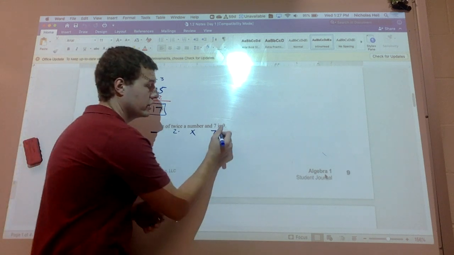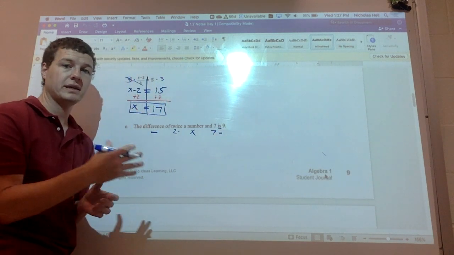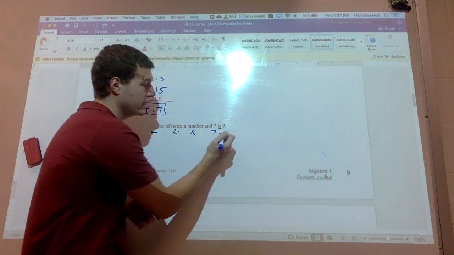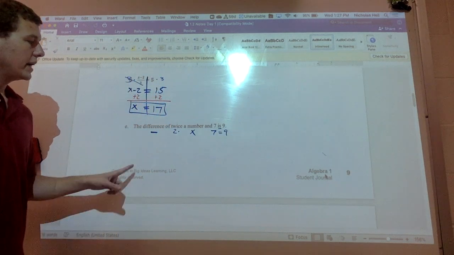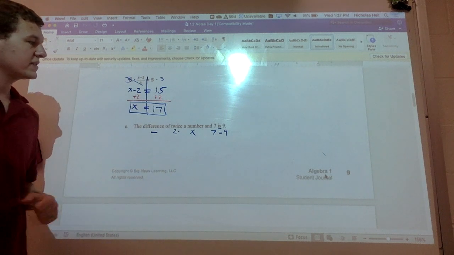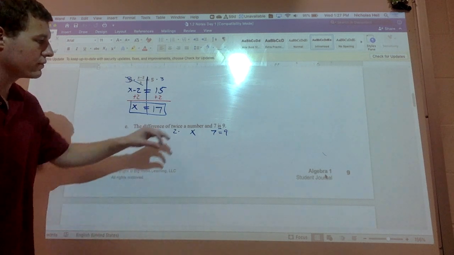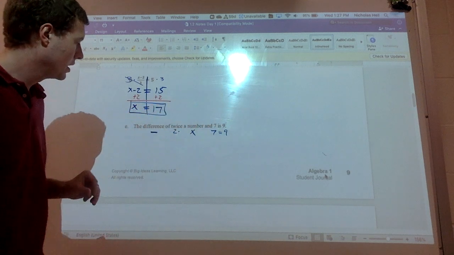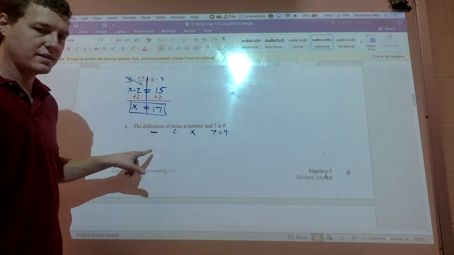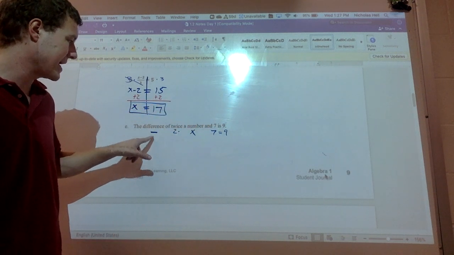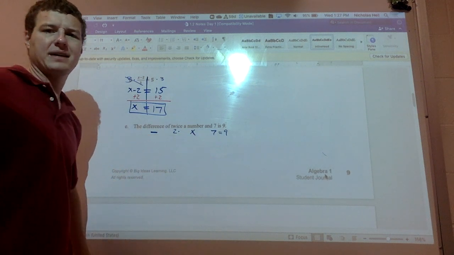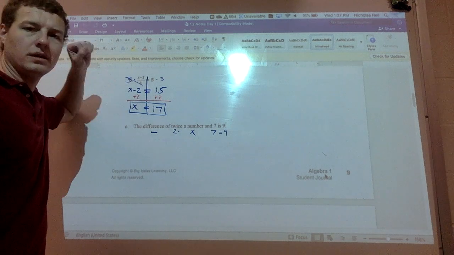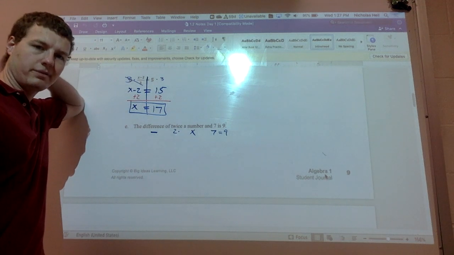That's huge because then we can solve an equation, and 9 just means 9. Now, looking at this, does what I wrote make sense to you? I've got minus, because difference was minus, that's not a negative. Minus 2x 7 equals 9.